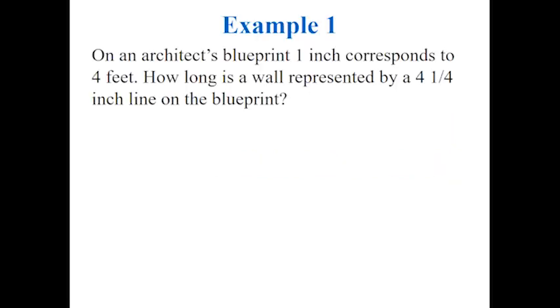This is going to require us to read through a word problem, use the information to set up a proportion where one of the four pieces is an unknown, is a variable, and then solve the proportion for the missing number. Example 1.